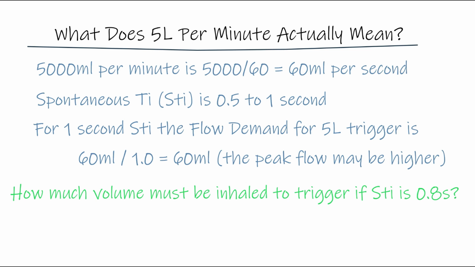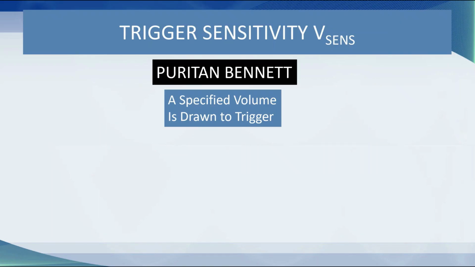Well, the answer is 60 divided by 0.8, or 75 mils. That's more, and that's higher, and that's why it's harder to trigger the ventilator, because that larger volume over a shorter period of time makes it very hard for the patient to actually acquire a breath.